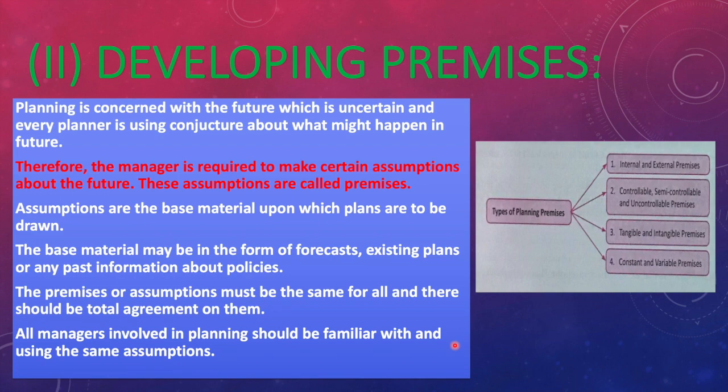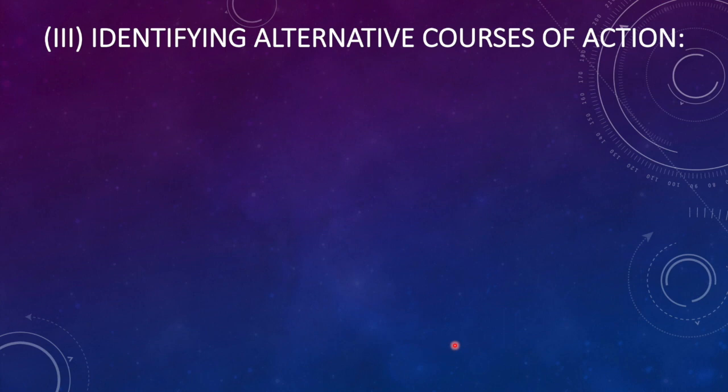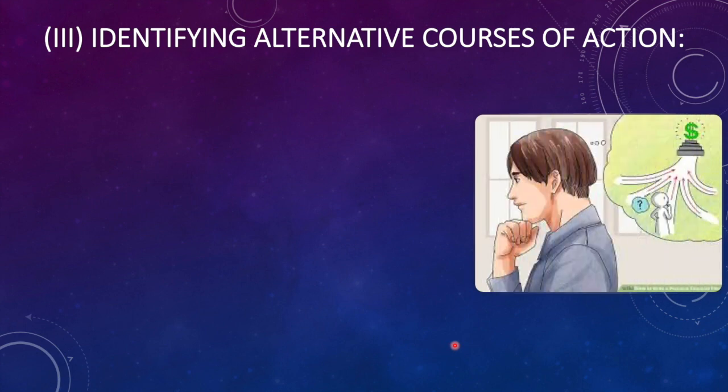Now the third step says that we need to identify the alternative courses of action. What are the various ways by which we can achieve our goal, our target? Here in this picture you are seeing that suppose this is a manager, and he wants to achieve this target, a 20% increase in sales.